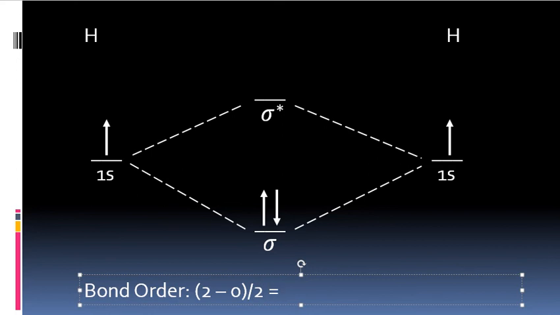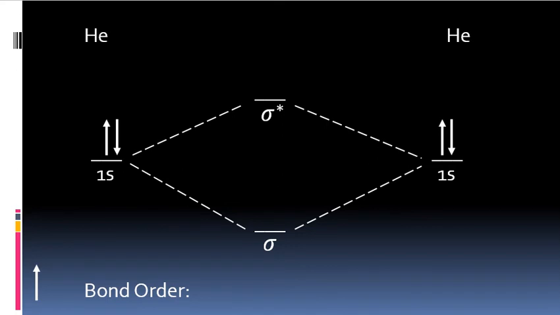Therefore, 2 minus 0 is 2, and 2 divided by 2 is 1. Therefore, we would say that this molecule has a bond order of 1, which basically means we would expect to see a single bond in a molecule of dihydrogen, which is what we do see, even according to the Lewis dot structure. So, cool.